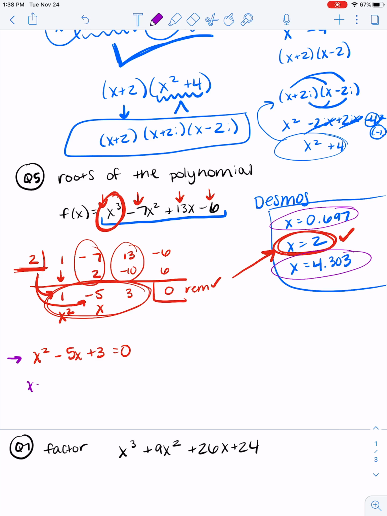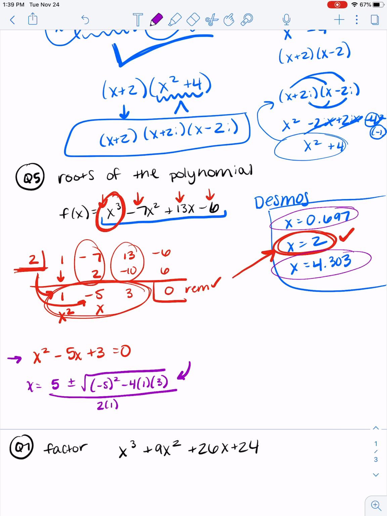So I'm going to say x equals -b, or opposite b, 5, plus or minus the square root of b squared, -5 squared, minus 4 times my a value, which is 1, times my c value, which is 3, all over 2a, 2 times 1. And then I use my handy calculator. I'm going to do what's under the square root first.